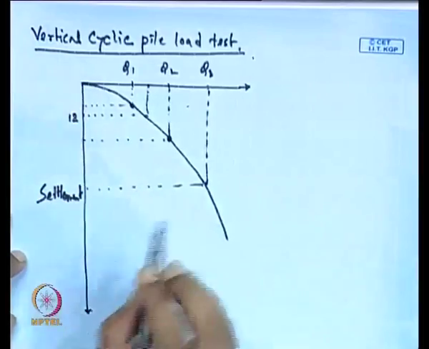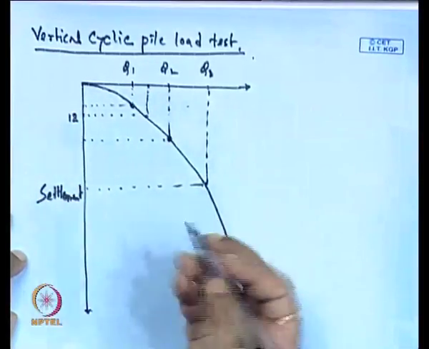But there we cannot know the contribution from the skin friction and the contribution from the tip resistance. We only get the total or allowable load carrying capacity of the pile. By the cyclic test, we will know the contribution from the frictional resistance and from the tip resistance.